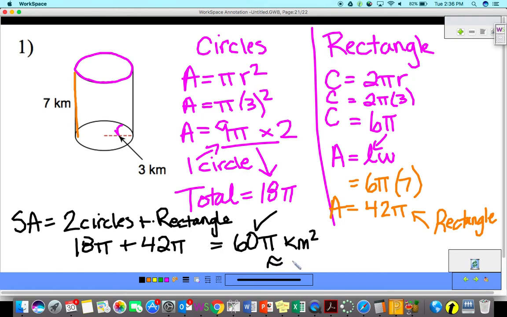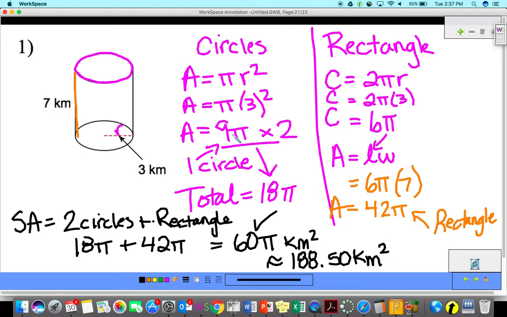I could also write my answer by multiplying 60 times pi, making sure my mode is correct. 60 times pi is 188.50 when rounding to 2 decimal places, kilometers squared, because we're talking about surface area.